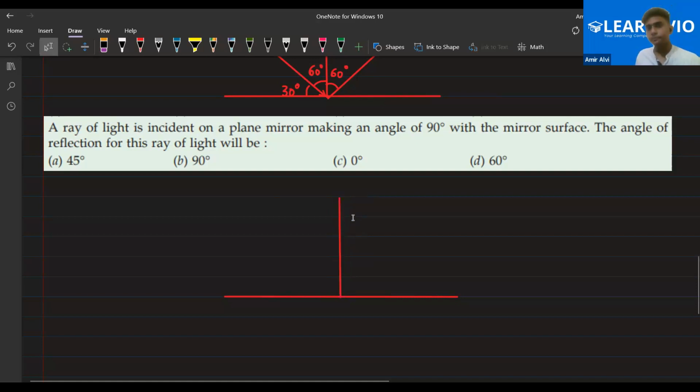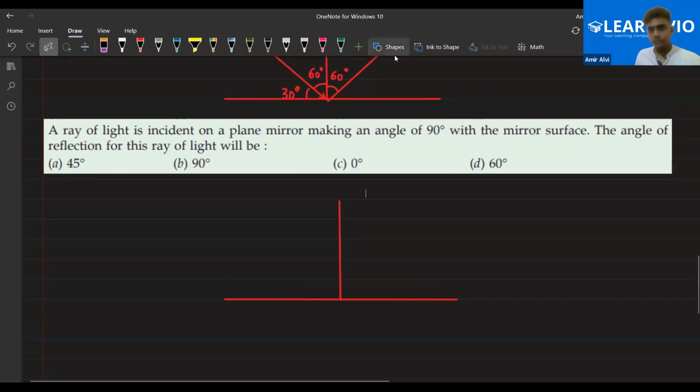Let's take a general case. Suppose the incident ray is making some angle i with the normal. But what if I make it like this? Then this will be the 90-degree angle. This is what the question is saying: the incident ray is getting incident perpendicularly, making a 90-degree angle with the plane mirror.